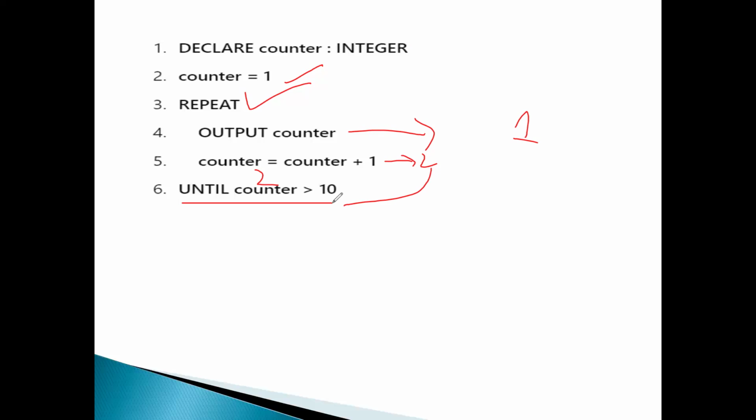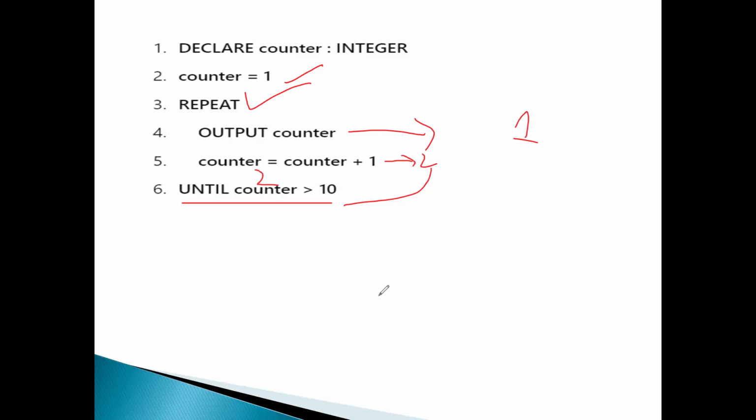False. So the repeat until loop runs until the condition becomes true. While it remains false, it keeps running. When it becomes true, the loop exits.